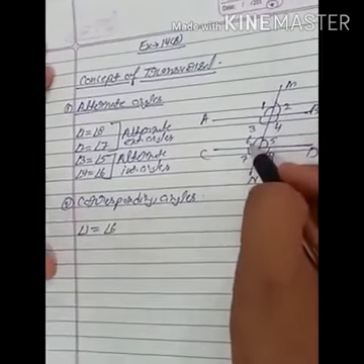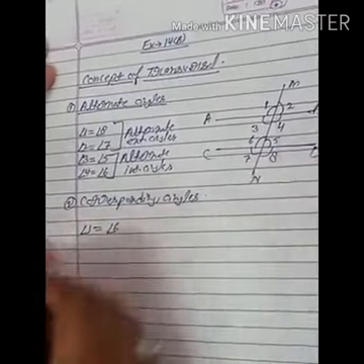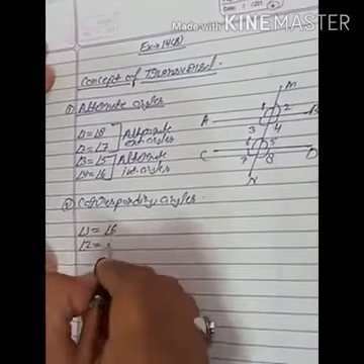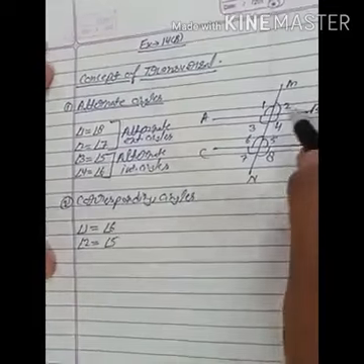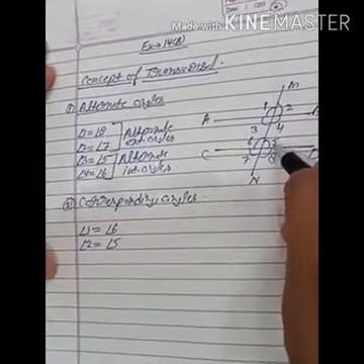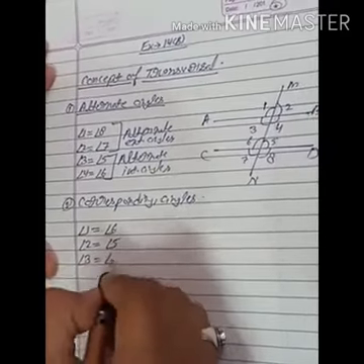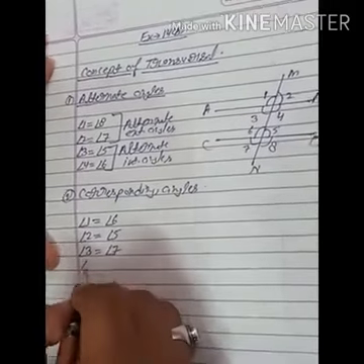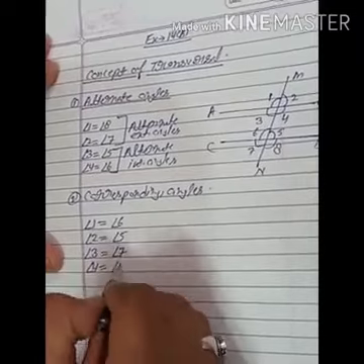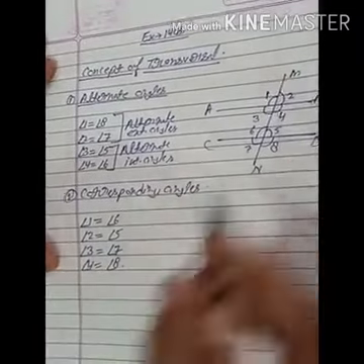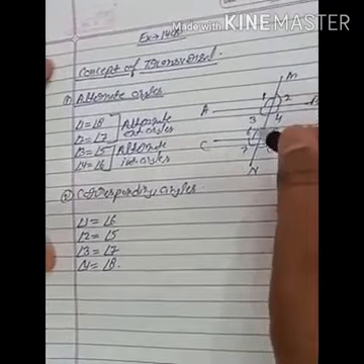Angle 2 is equal to angle 5. Angle 3 is equal to angle 7. Angle 4 is equal to angle 8.